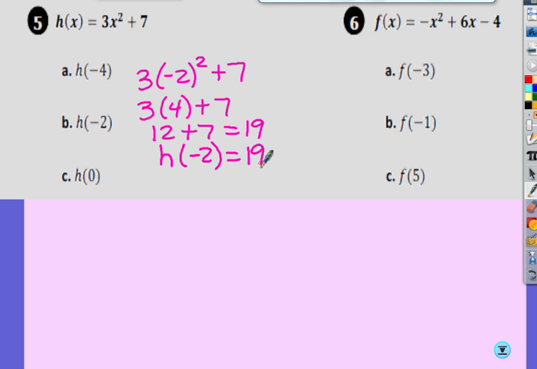Notice I squared negative 2 first, then multiplied by 3, then added 7.